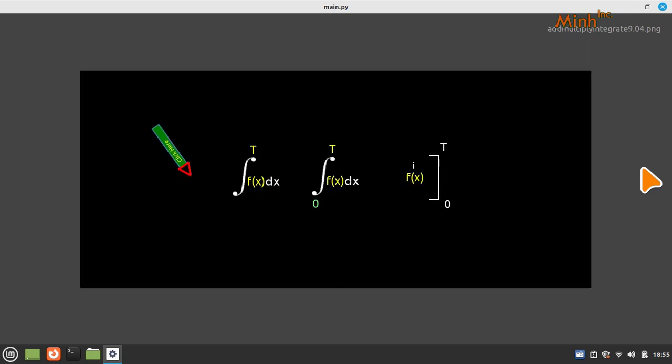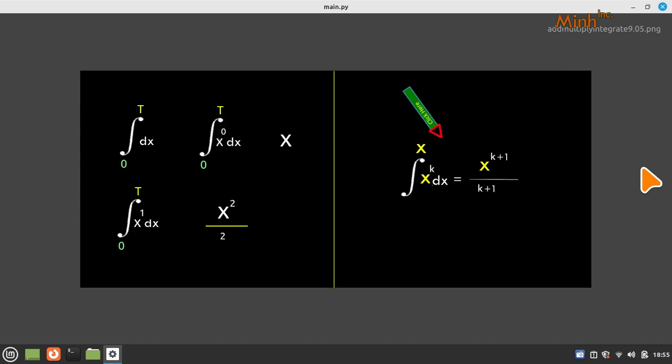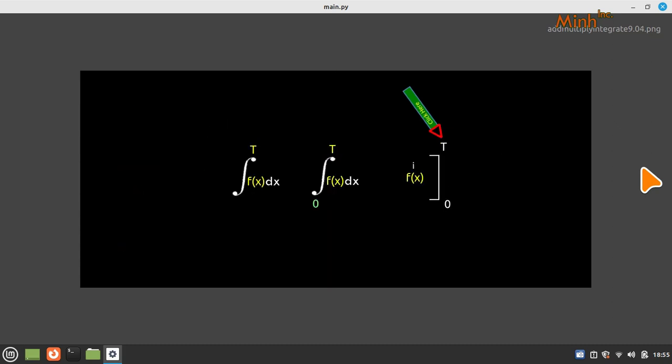So what we have seen is, if we have f(x) dx, we consider it as f(x) ds from 0 to t, and now it becomes F(x), that is the integrated value, and it ranges from 0 to t. So this is what we have seen. I think we can add more to it.